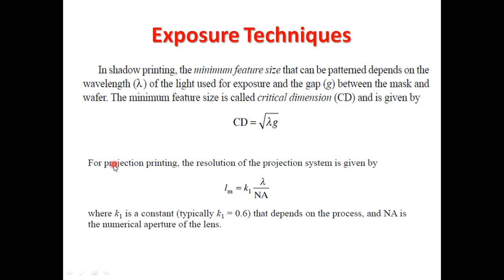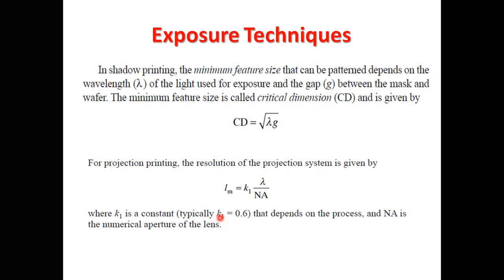And for projection printing, the resolution of the projection system is given by Lm is equal to K1 into lambda by NA, where NA is nothing but the numerical aperture of the lens, and K1 is a constant, and the value of the K1 is 0.6. This K1 depends on the process, such as the exposure techniques.